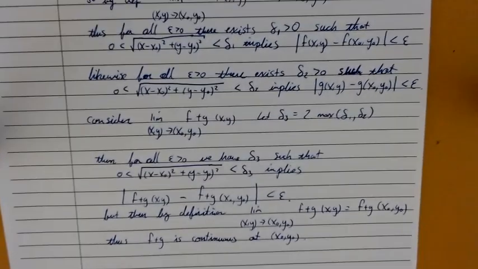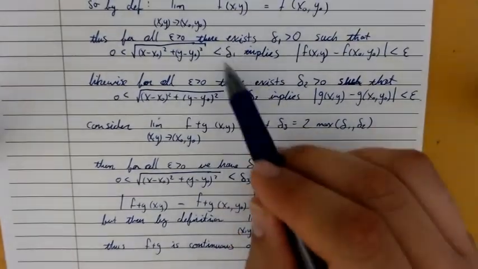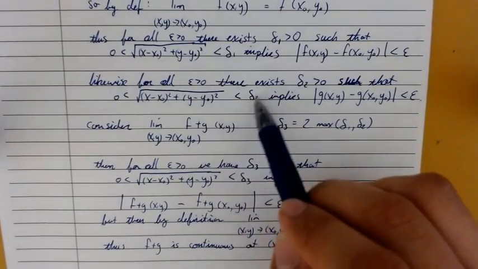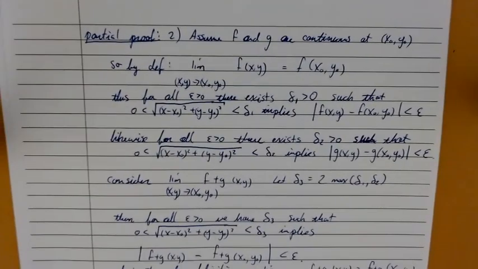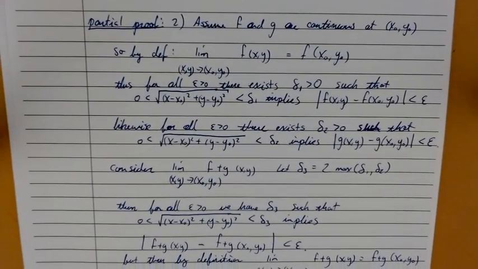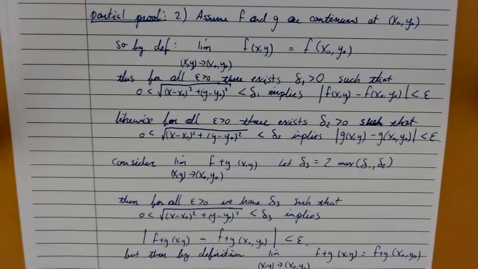And there we go. Basically, okay, we know we can find delta for the first one. We know we can find delta for the second one, so then just pick the biggest one and double it, and you're good. The same proof holds for all of them, with minor variations. So because the proof holds for all of them, we're not gaining too much more insight by proving the rest of them, so we'll say this suffices.